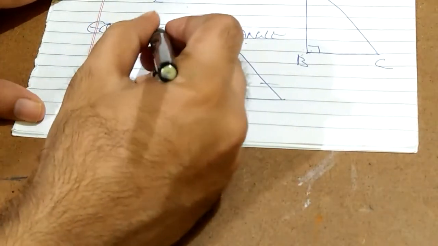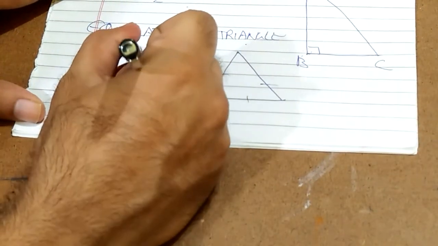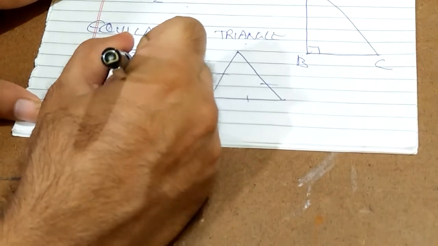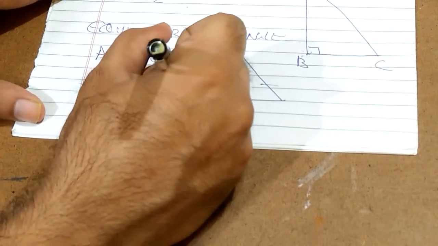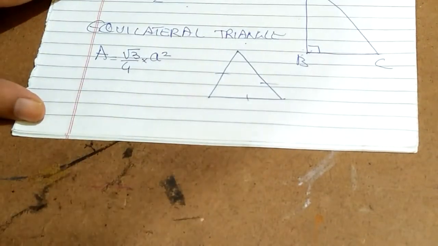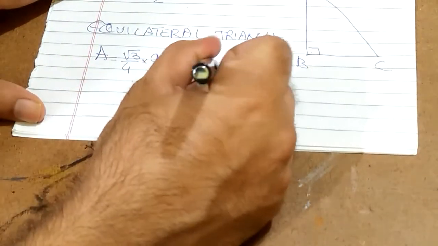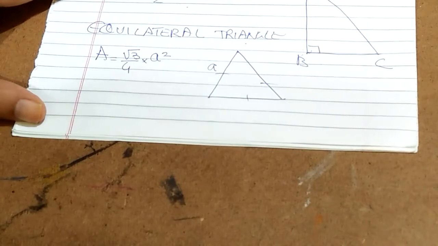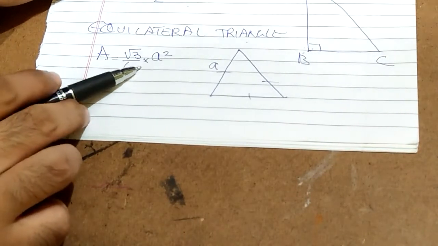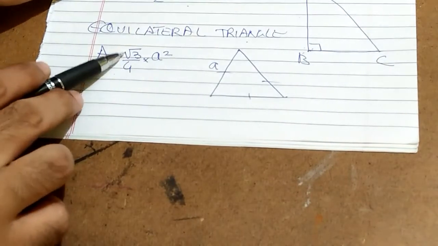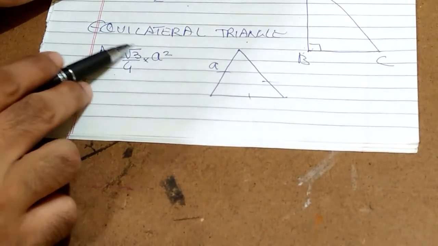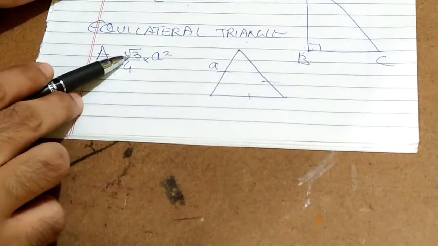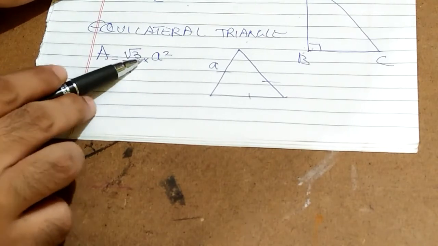Area is equal to root 3 by 4 into a square. What is a? A is the side of this triangle. Root 3 by 4 a square. Okay, root 3 by 4 a square. This is root 3 value, you know by heart. Okay, 1.732 by 4 into a square.